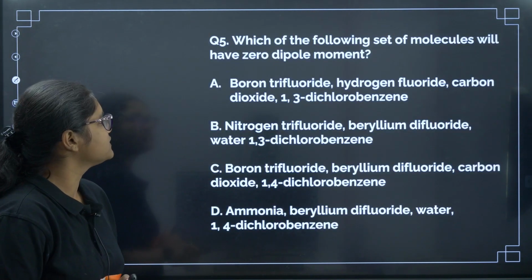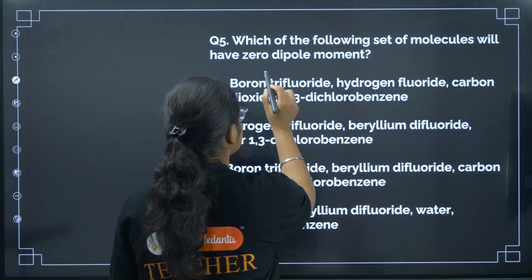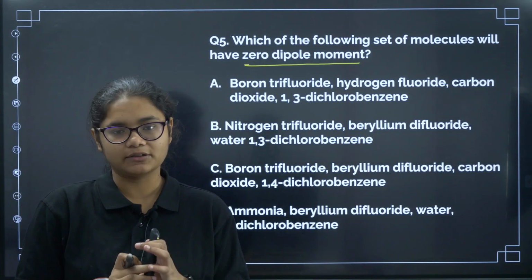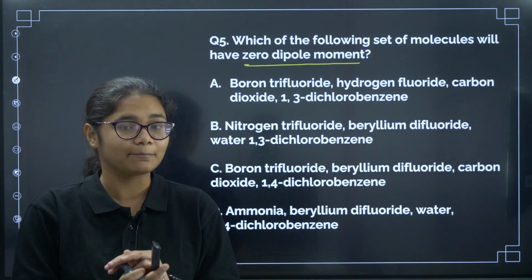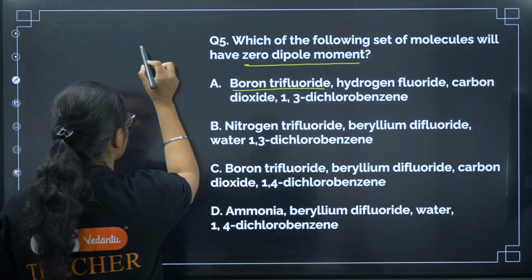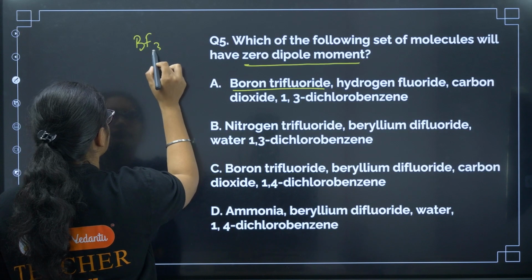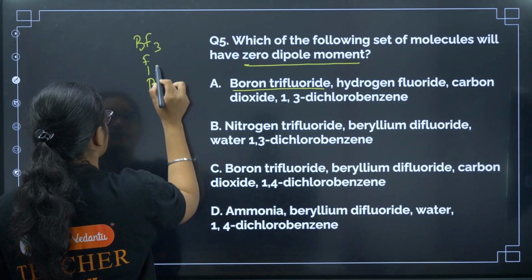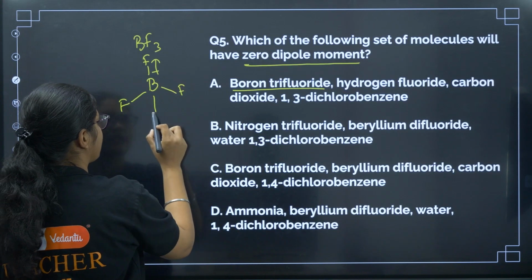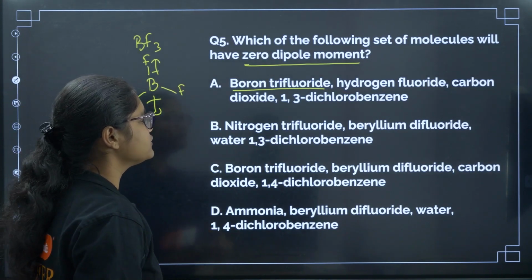Now the next question, which of the following set of molecules will have zero dipole moment? Zero dipole moment will happen in those cases where the dipole moments are completely cancelled. Now we can see this example, BF3. If you see, the structure is like this. This is a non-polar molecule because the dipole moments cancel each other. Then hydrogen fluoride.